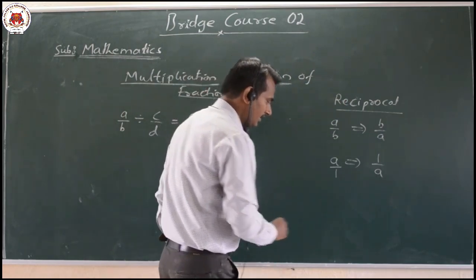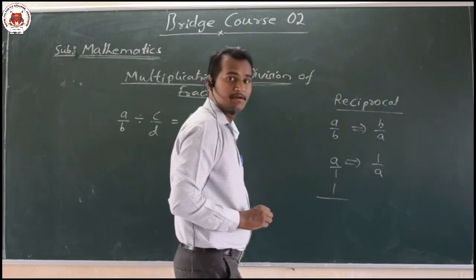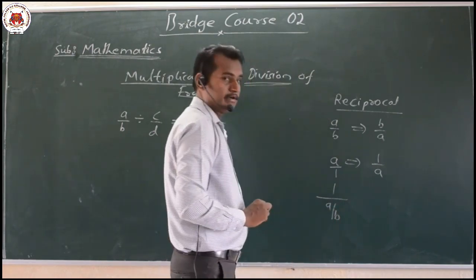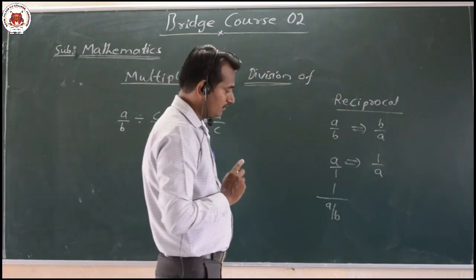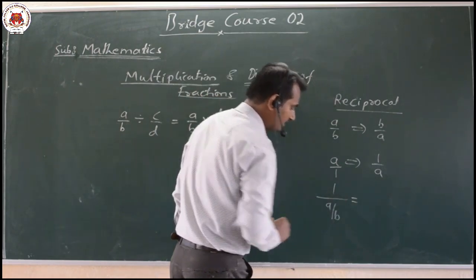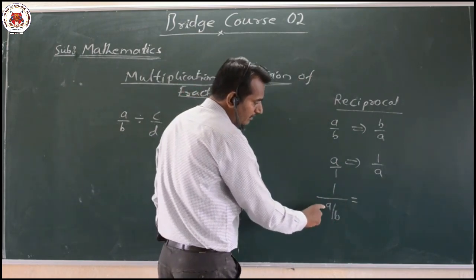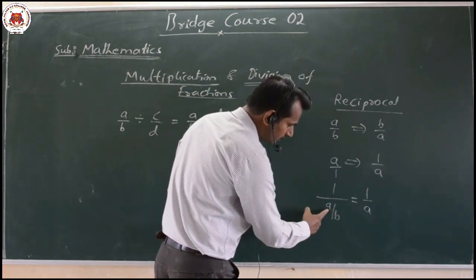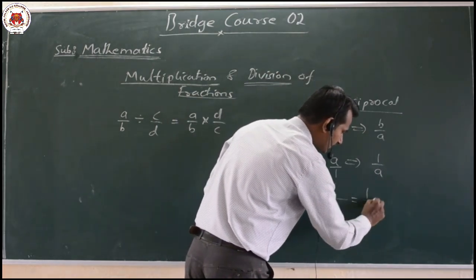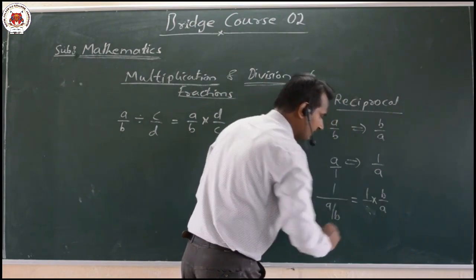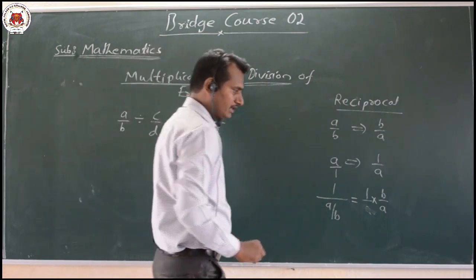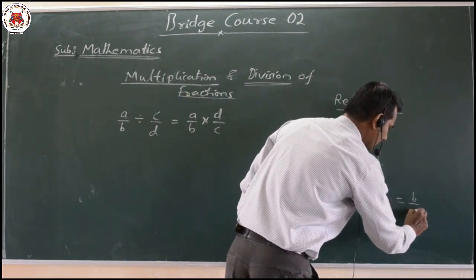Now here, 1 divided by a by b. First of all we have to pay attention here. 1 divided by a by b, its value will be, I will take the numerator part 1 into b by a according to the definition, and then that is the required answer, that is b by a.